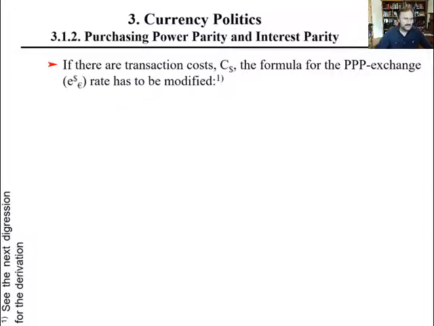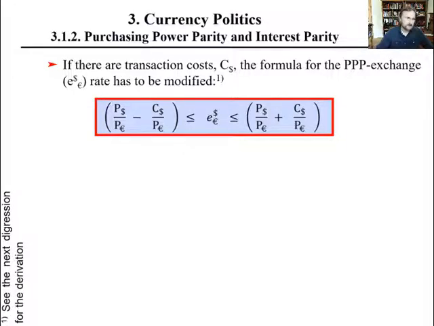If there are these type of transaction costs, and if we express these transaction costs with capital letter C in dollar for one unit of the good which is traded, the formula for the purchasing power parity exchange rate must be modified according to the following one.